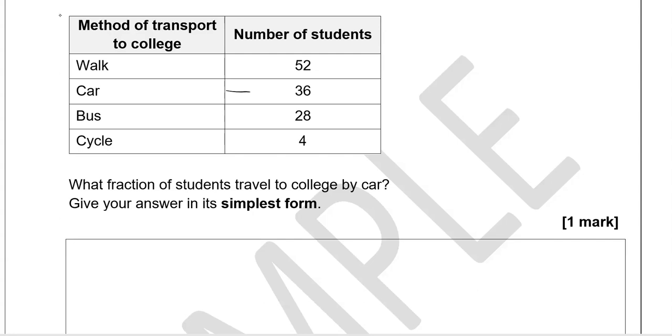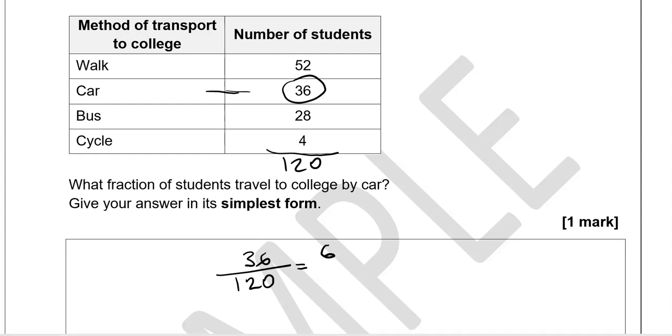So by car, we've got 36 of them out of the total, which is 120. We've got to write this in the simplest form. So as you can see, we can divide this by 6.